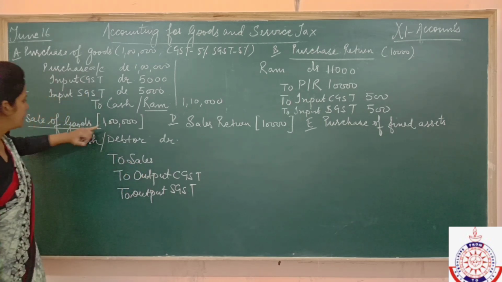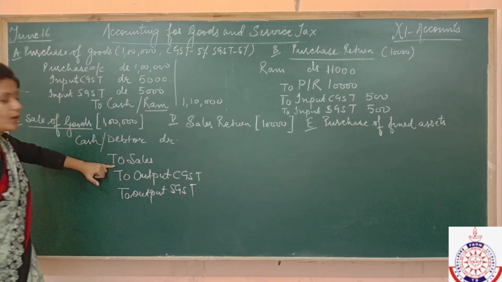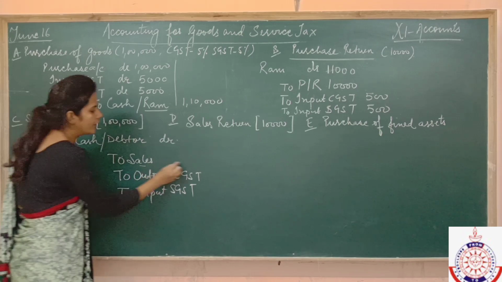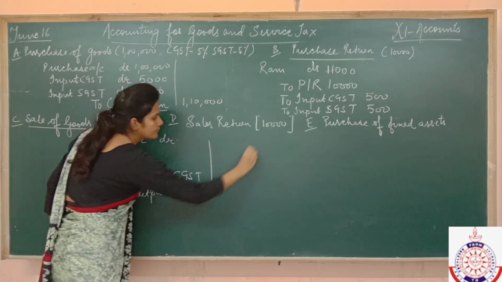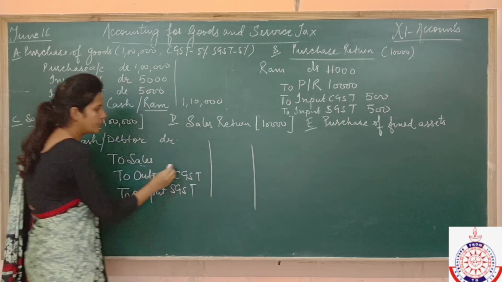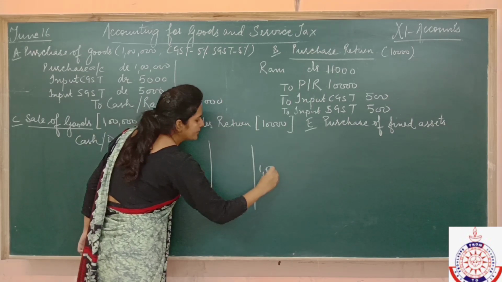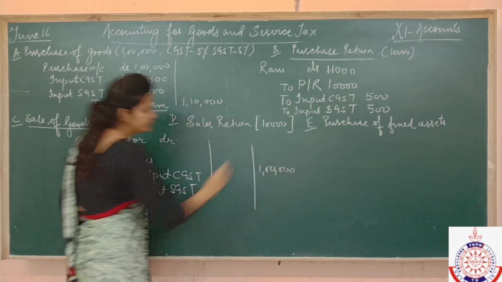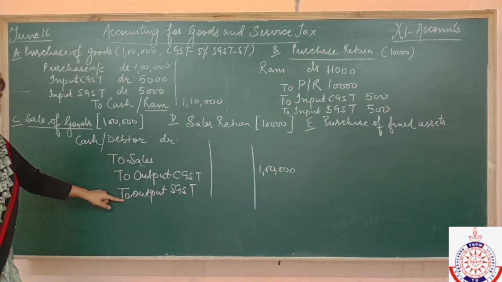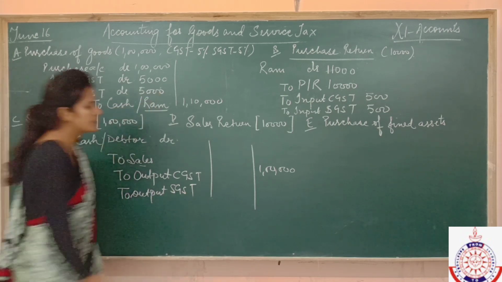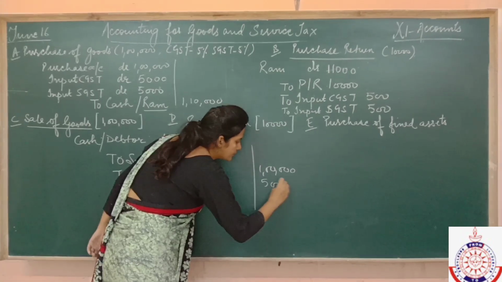Now see, the value of goods sold is 1 lakh. So write 1 lakh in front of sales. How much GST I have collected? 5%. So 5,000, 5,000.